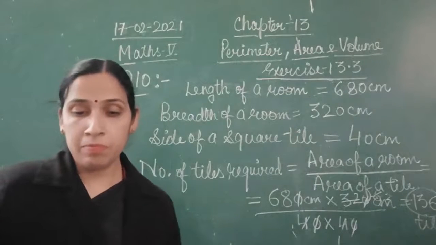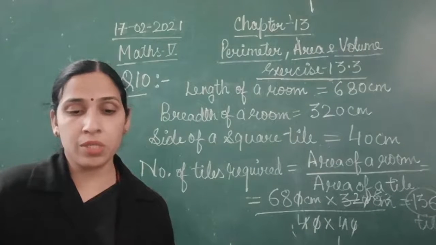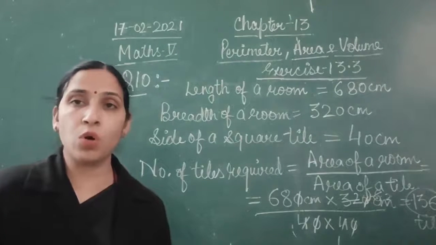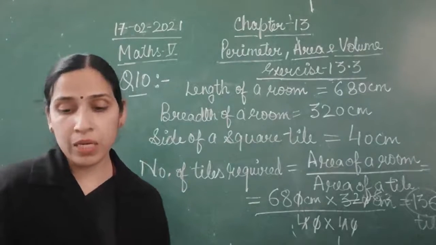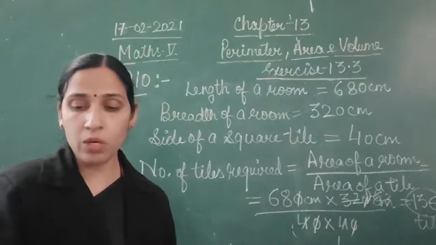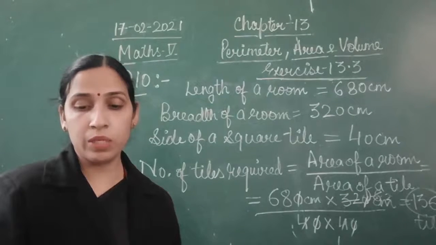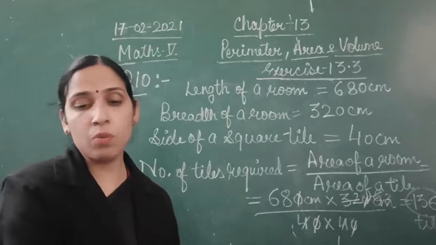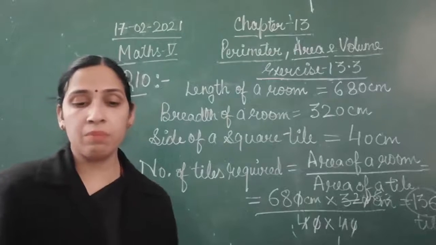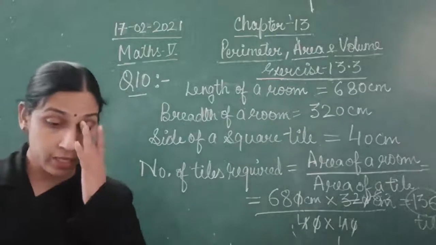And in the next class we are going to continue with the next topic, that is volume. First we will do the conversion of volume and the formula of finding volume of cube and volume of cuboid, how they are formed, conversion of them, and then a few word problems related to that.